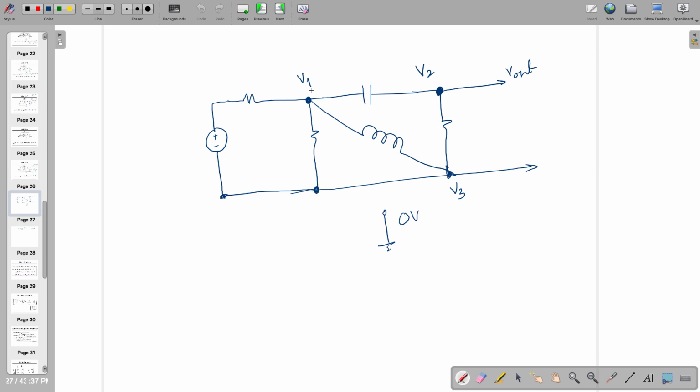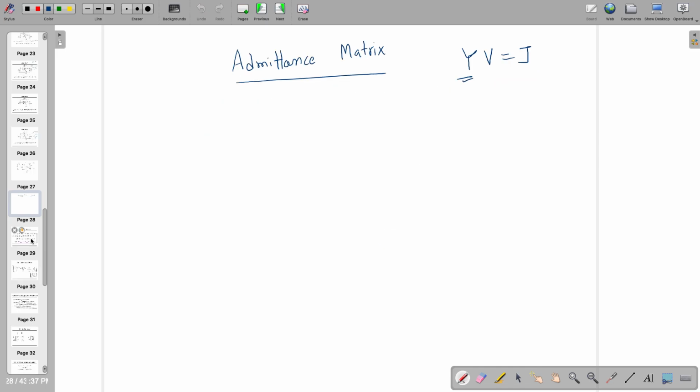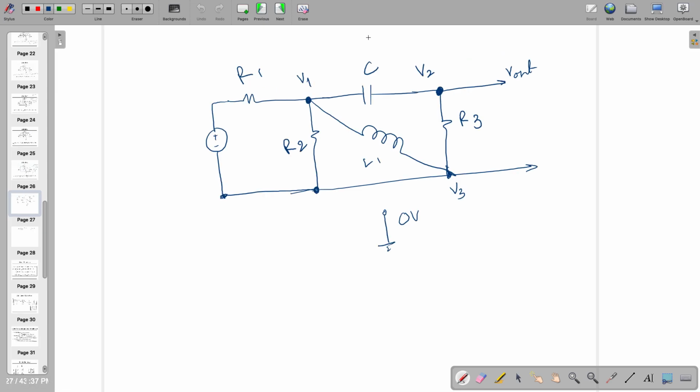If you can find out how many nodes are available in the loop, you can write down a matrix. Let's assume that we are going to write it for this circuit, whatever the circuit is given.